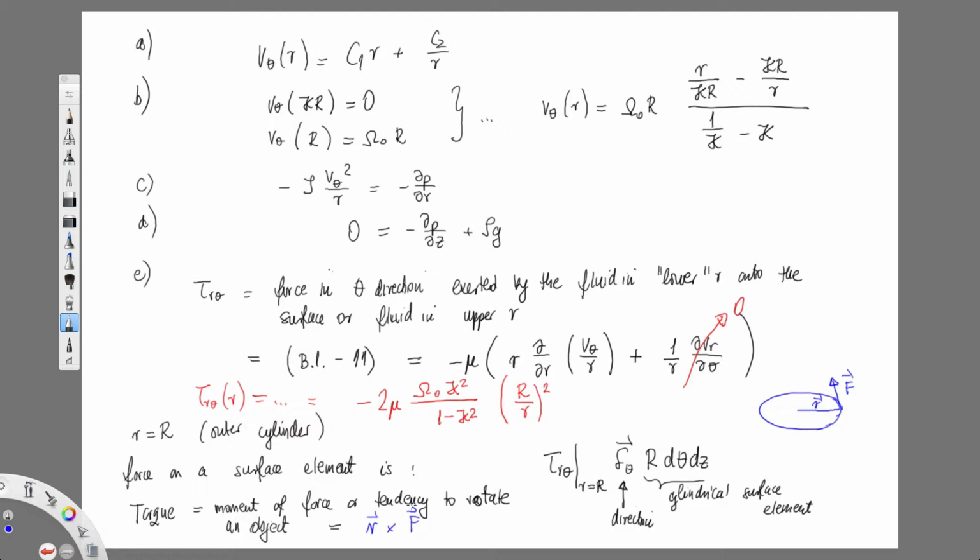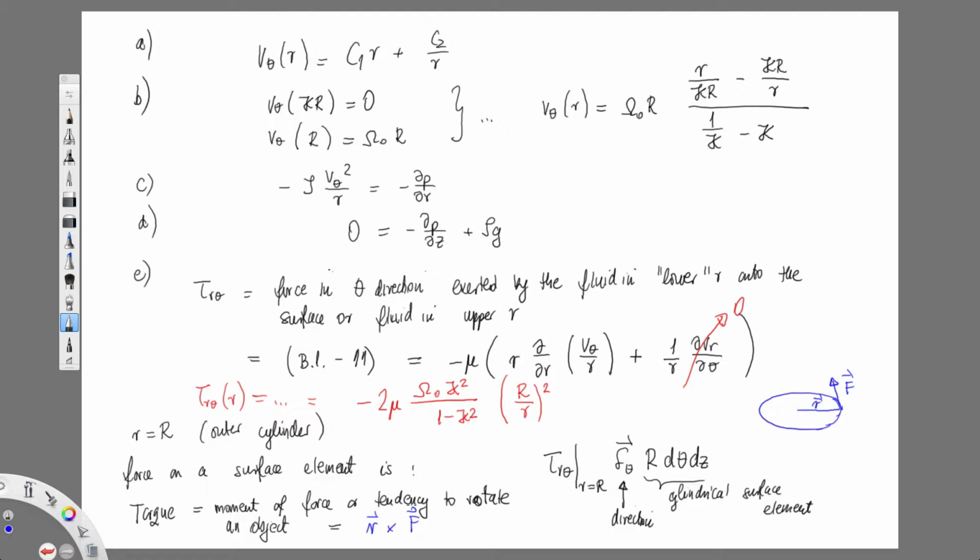So if I'm going to look at the total torque on this surface that it takes to rotate this entire outer cylinder, that's the one I'm rotating, that's the integration of this torque over the surface area. For each surface element, I know what my distance r is from the center.